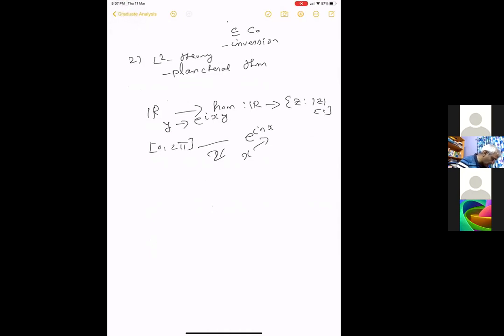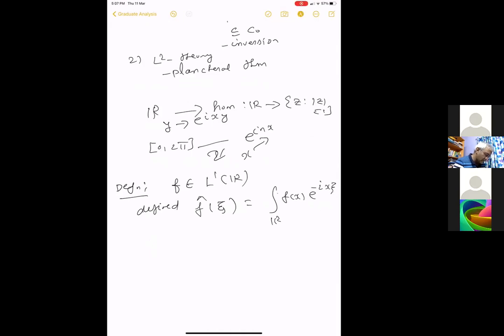So, definition of the Fourier transform. I will give both definitions. If you have an F in L1 of R, then define the Fourier transform F hat at xi equal to the integral over R of f(x) e^{-ix xi} dx, for all xi in R. So you have a function on the real line, then you get a function on the real line.